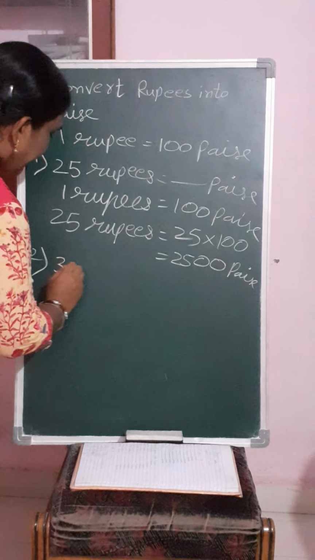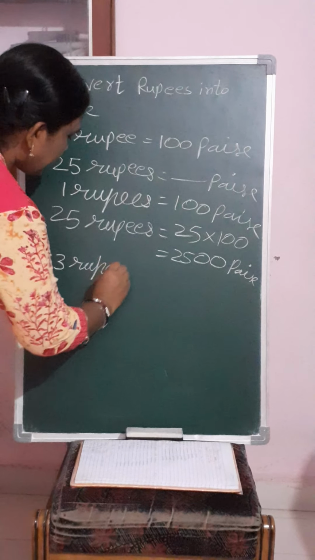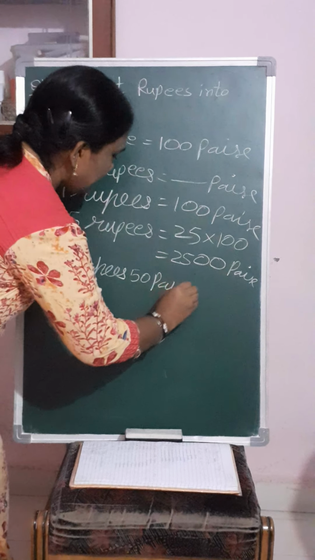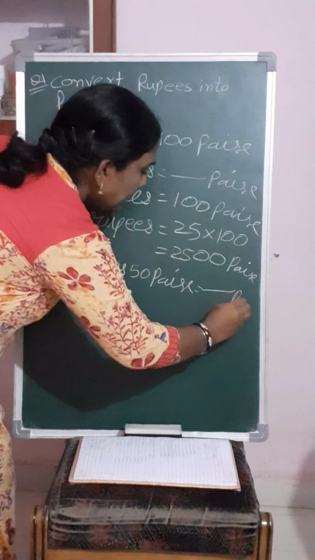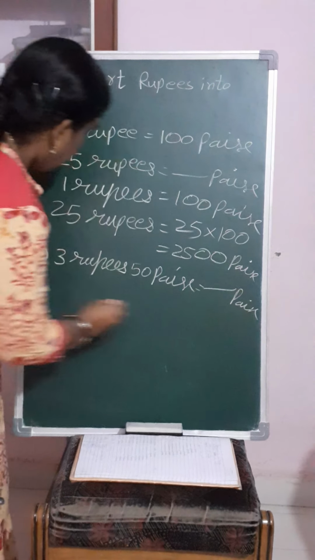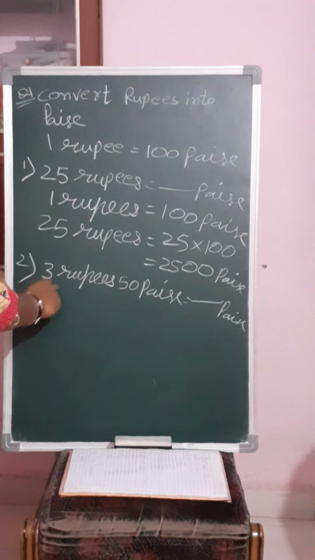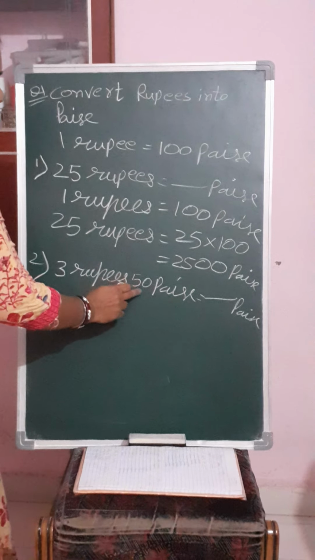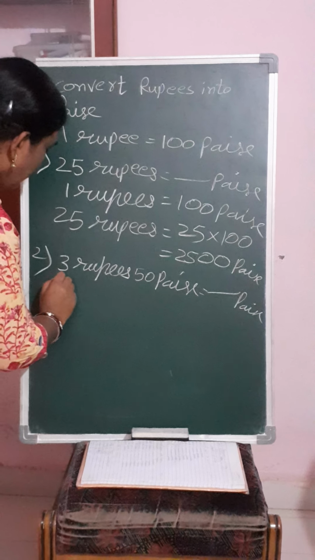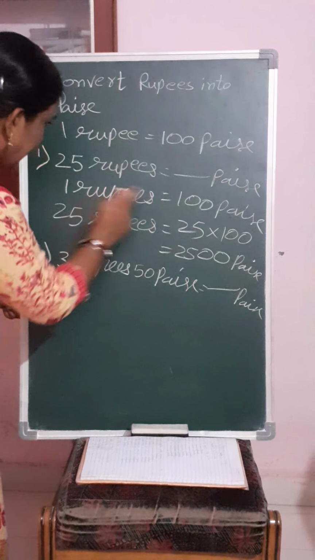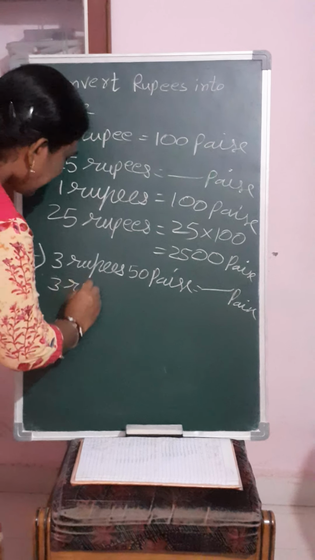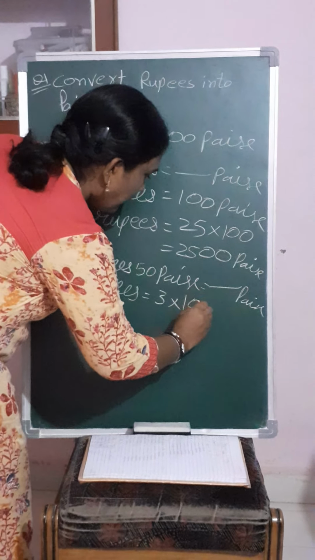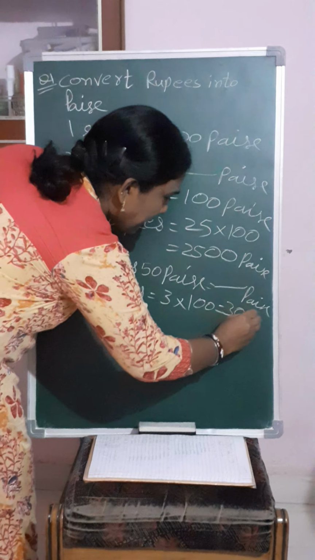Like 3 rupees 50 paisa equal to dash paisa. In this case, what will we do? First of all, we will convert the rupees into paisa. Then whatever paisa comes, we will add the 50 paisa to it. Okay. So 3 rupees, 1 rupee is equal to 100 paisa. So 3 rupees equal to how many paisa? 300 paisa. 3 into 100 equal to 300 paisa.